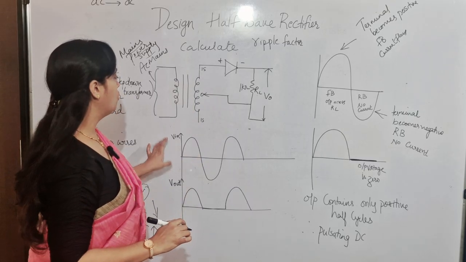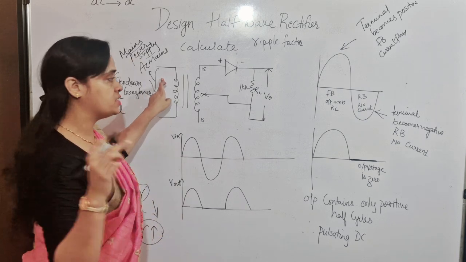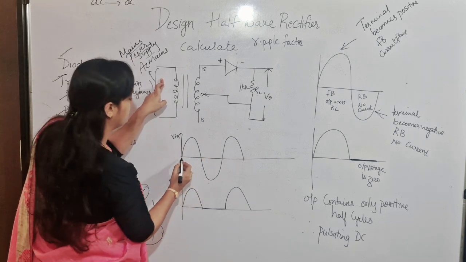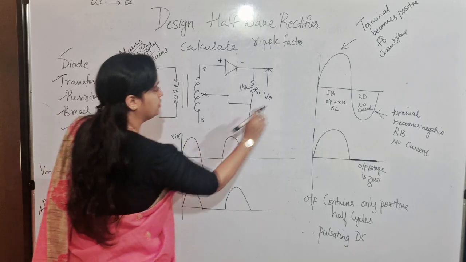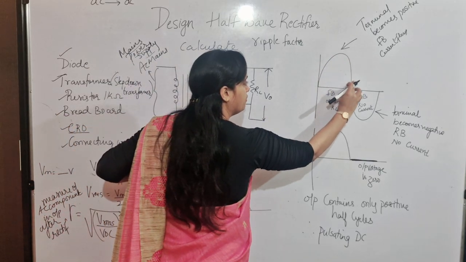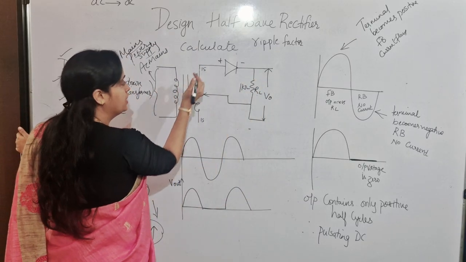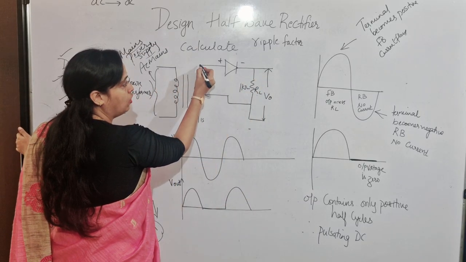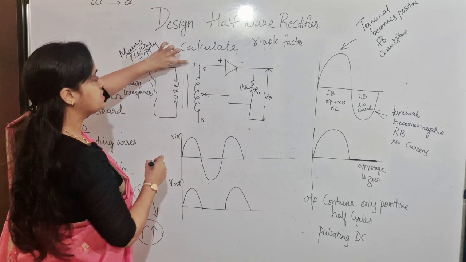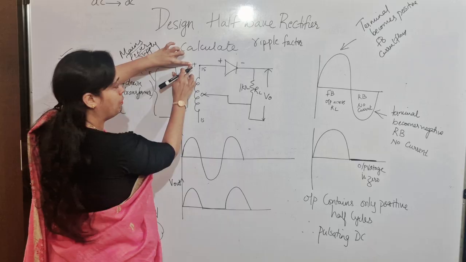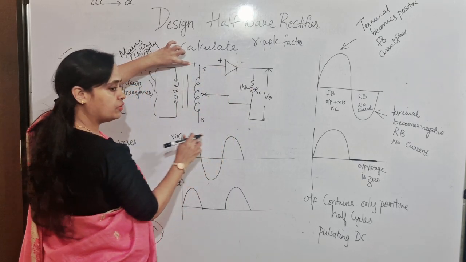As you know, during the positive input cycle, what do we call positive input? That is nothing but this. So during this positive input cycle, what happens? Since positive input is applied, this terminal becomes positive. If this terminal becomes positive, positive is connected to positive of the diode, negative is connected to negative of the diode.